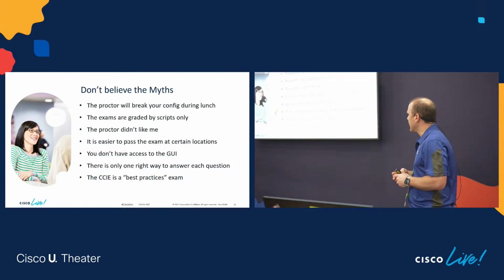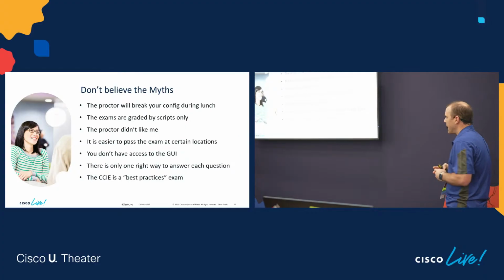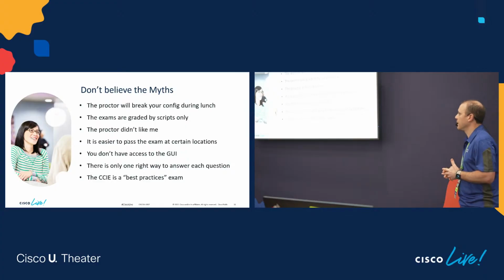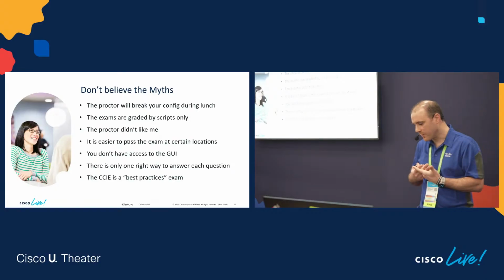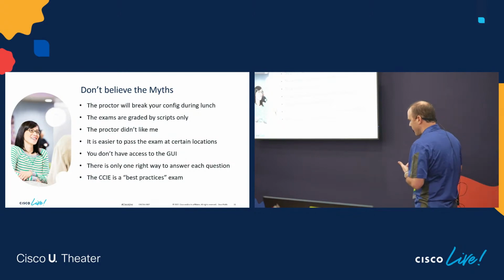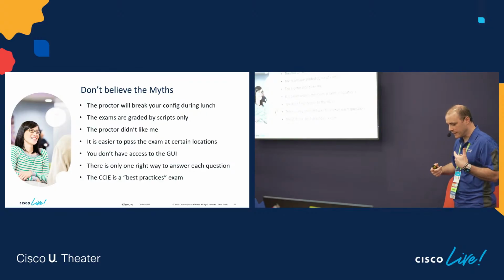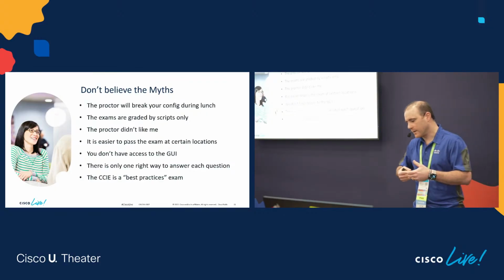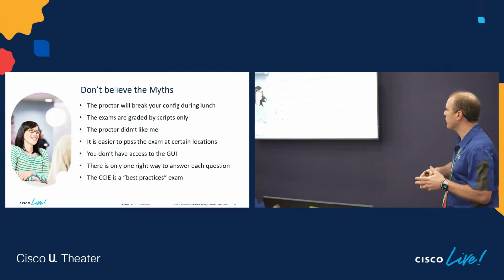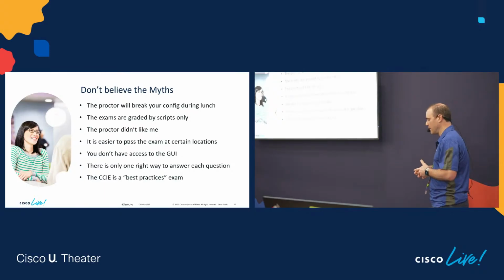The next one is that there is only one right way to answer each question. That, again, I'm going to sort of caveat because this goes back to what we were talking about before about precision and reading the question very carefully. If the task itself doesn't have any constraints, any requirements that are forcing you to configure the task in a specific way, then yes, you are free to configure that item in whichever way you want.